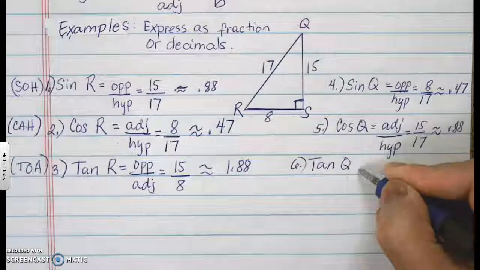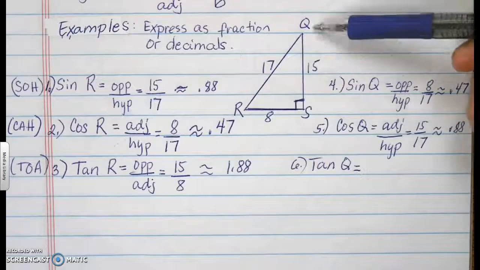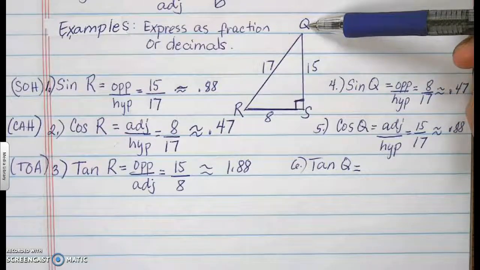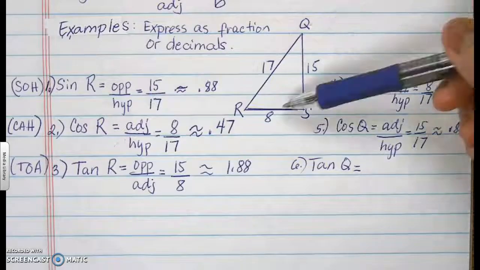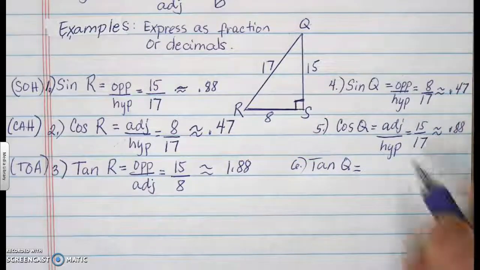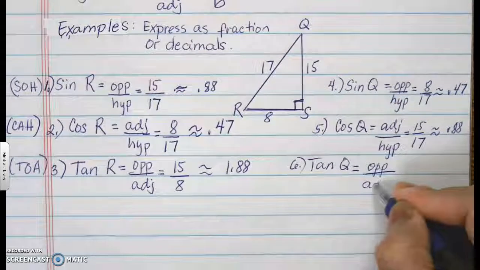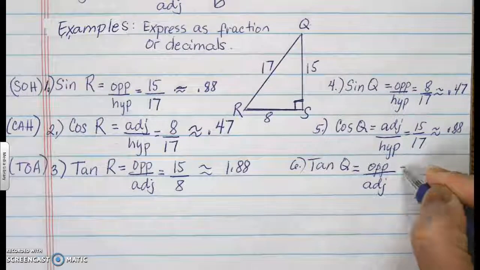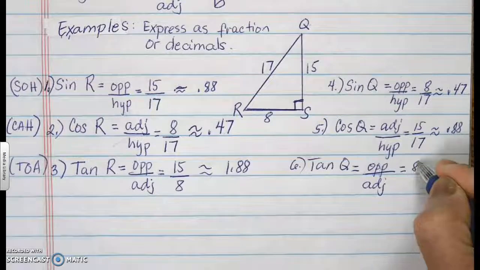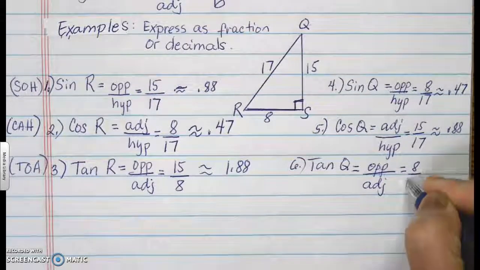So let's keep on going by doing the final one, which is tangent Q. And tangent Q is opposite over adjacent, TOA. So from Q, your opposite is 8 and your adjacent is 15. So this is going to be opposite over adjacent, and your opposite is 8 out of 15.